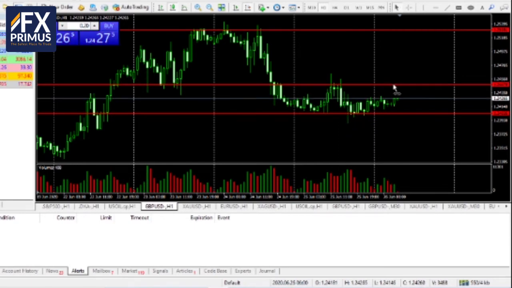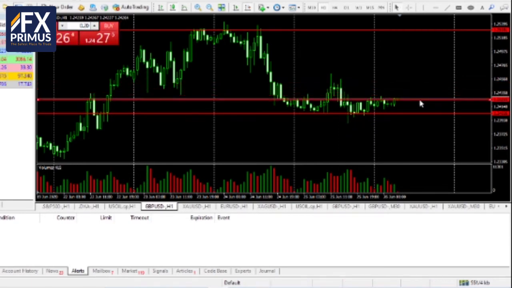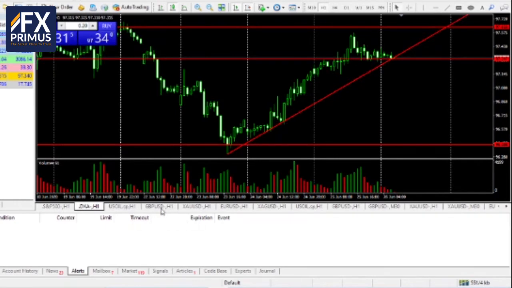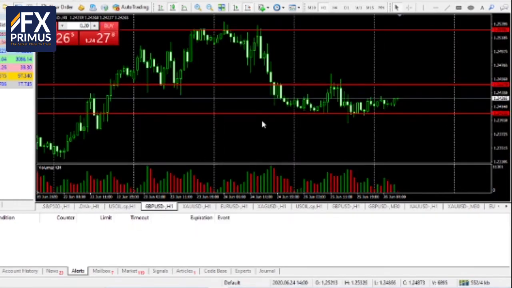Then it squeezed into an even tighter consolidation phase. There was no major news or events pushing the US dollar, and that is one of the reasons why we see the UK pound being largely quiet also.